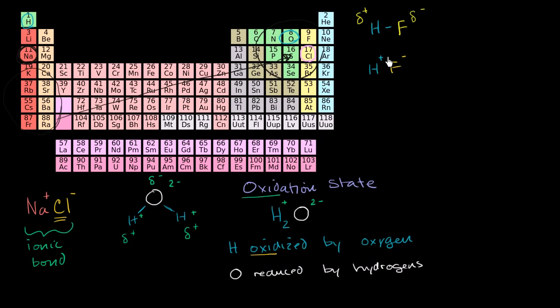This is a hypothetical. Once again, the reality is they're partial. It's a covalent bond. But the hypothetical one is a full positive charge here and a full negative charge here. And so we would say that the oxidation state in this molecule for hydrogen is +1, and the oxidation state for fluorine is -1.